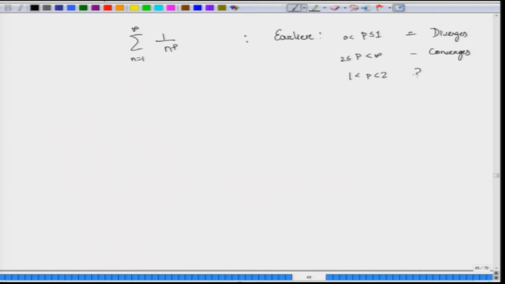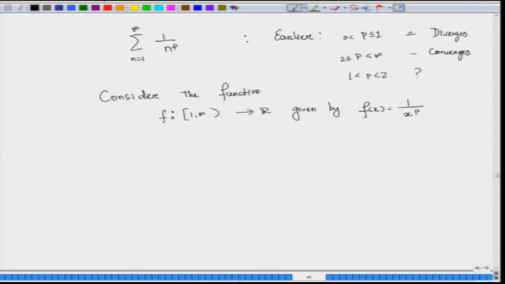Now consider the function f from 1 to infinity to R given by f of x equal to 1 by x to the power p.